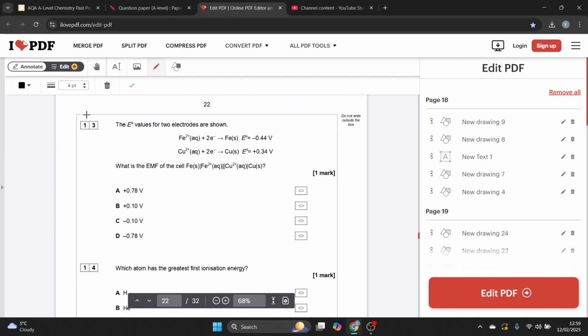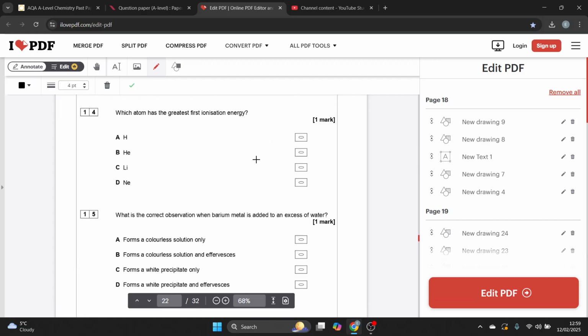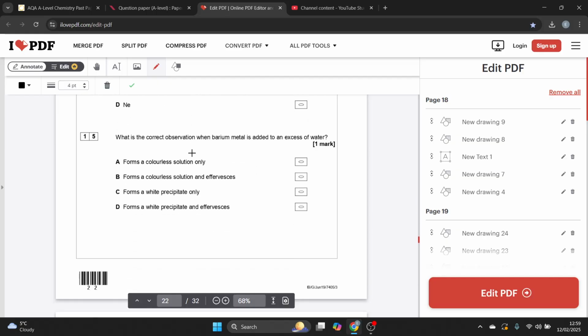Question 13. Which atom has the greatest first ionization energy? Helium. Question 15. What is the correct observation when barium metal is added to an excess of water?